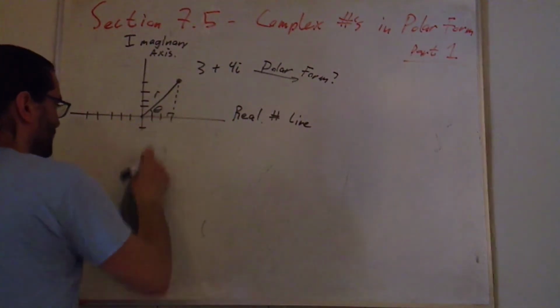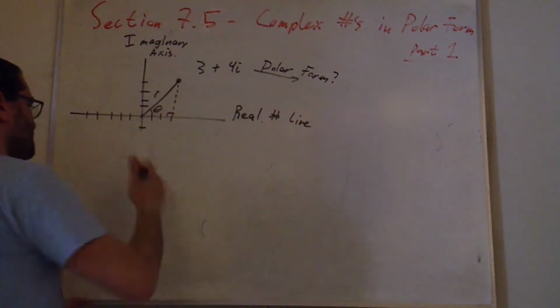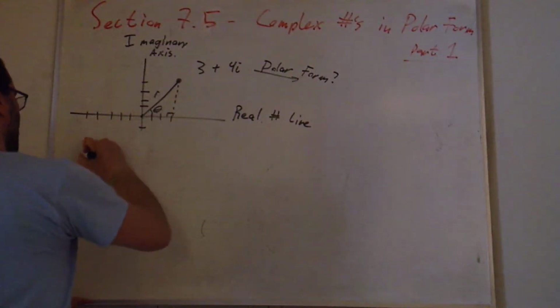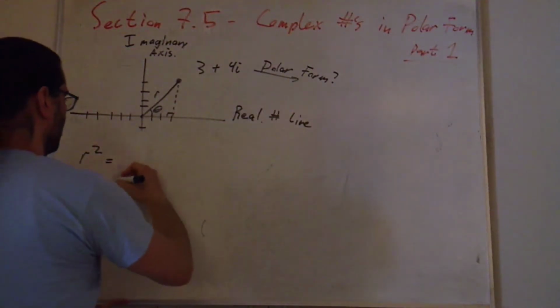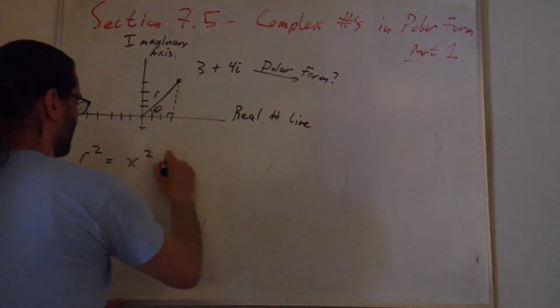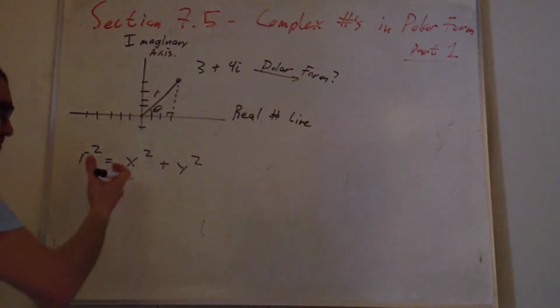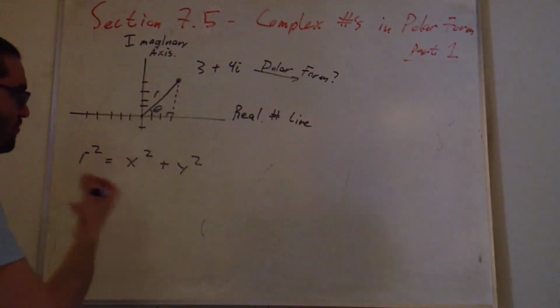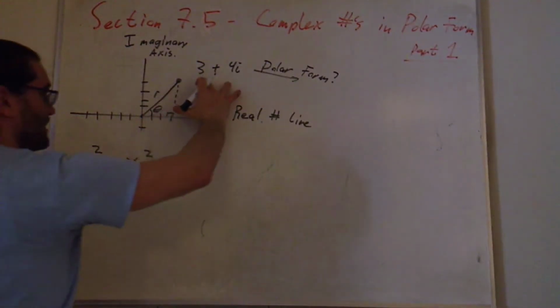These markers are nearly done for. They're smudgy and a little gross now. So r squared, from 7.3 we had this, r squared equals x squared plus y squared. But in this case we don't really have x's and y's anymore, because this isn't a set of coordinates.